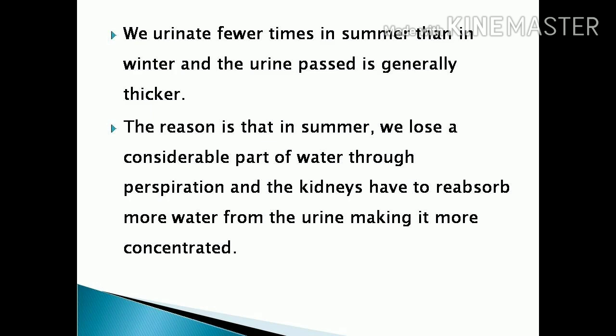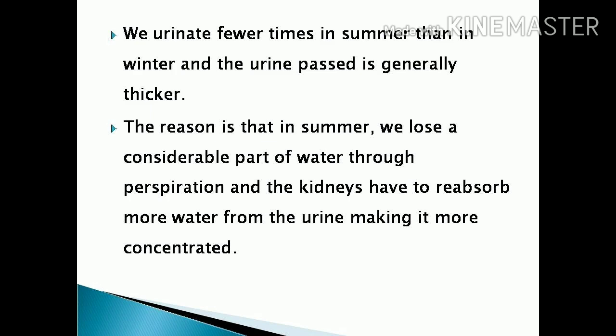In tropical climates, as in our country, we drink a lot of water during summer. Yet we urinate fewer times in summer than in winter, and the urine passed is generally thicker. Usually in summer we urinate less often and the urine is thick, but in winter we urinate more often and the urine is dilute.